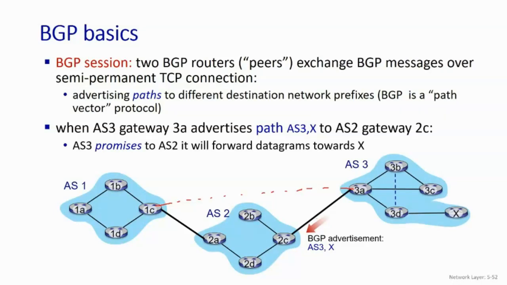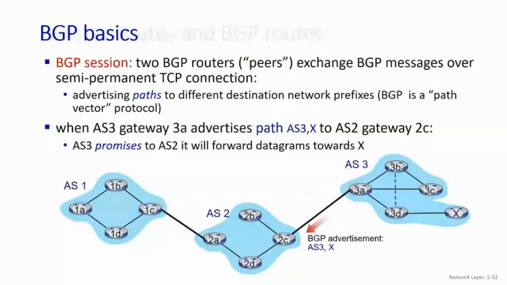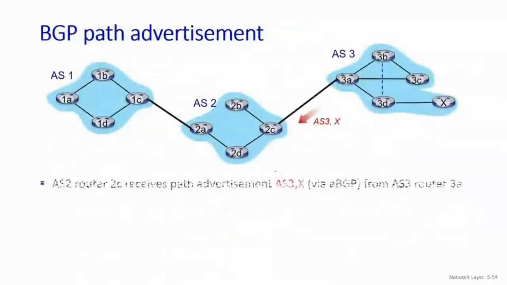Now, after receiving this information, 2C should advertise this information to 2E. Before that, let me get into this diagram. See, AS3 just transmits the eBGP message to 2C.